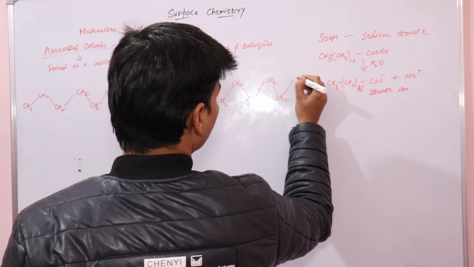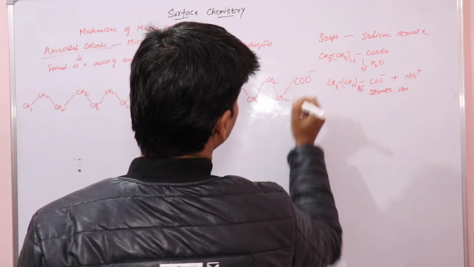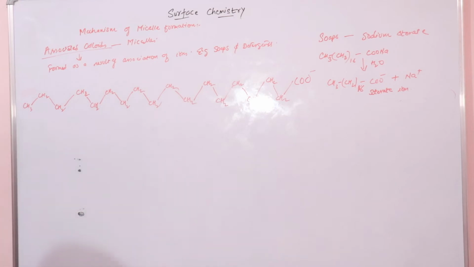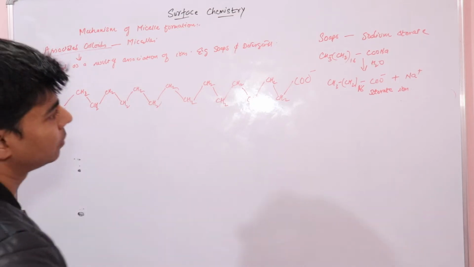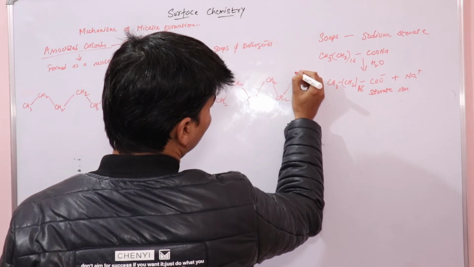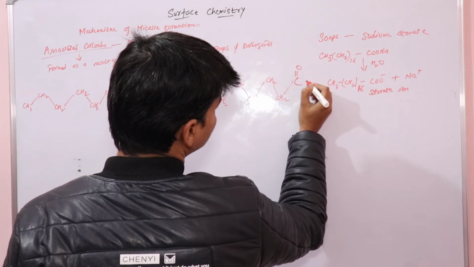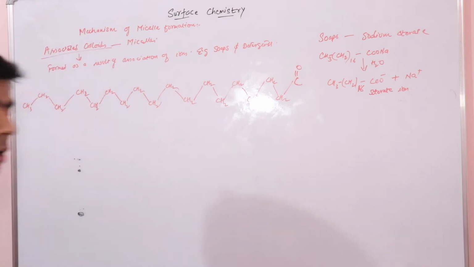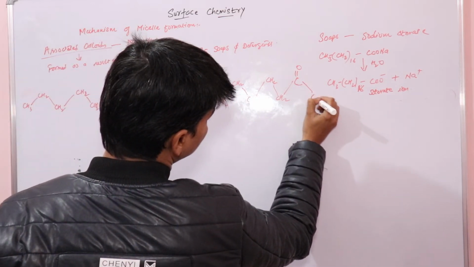This is COO minus. Let's draw it the other way. We know that this is the carboxylate ion. One of the oxygen atoms is bonded with a double bond, and the other oxygen atom is bonded like this.